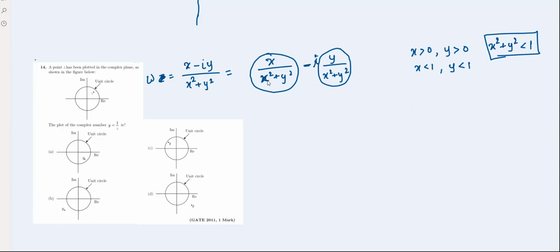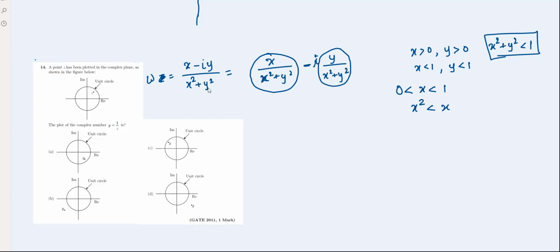Now will x square plus y square be less than x or greater than x? Usually, because x lies between 0 and 1, x square will be less than x actually. Now, plus y square depends totally on y, whether it is less than or greater than.